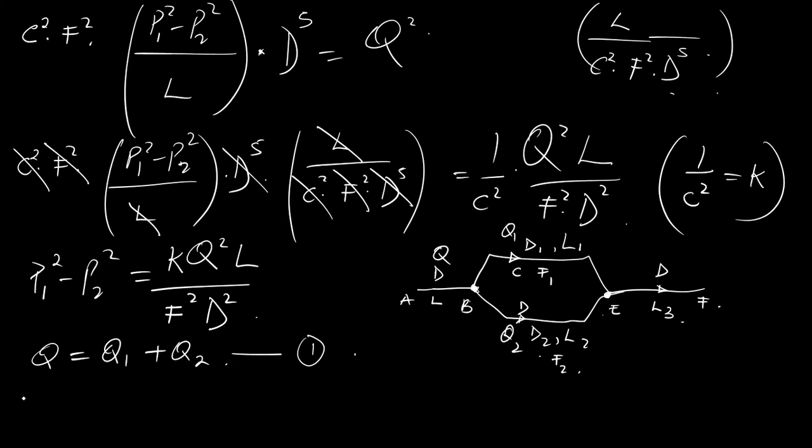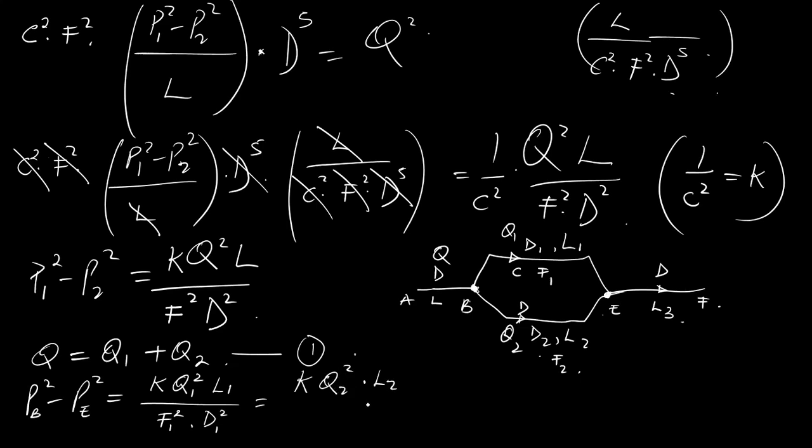So that means the pressure at B square minus the pressure at E square is equal to K Q1 square L1 divided by F1 square D1 raised to the power 5, is equal to K Q2 square times L2 divided by F2 square times D2 raised to the power 5.